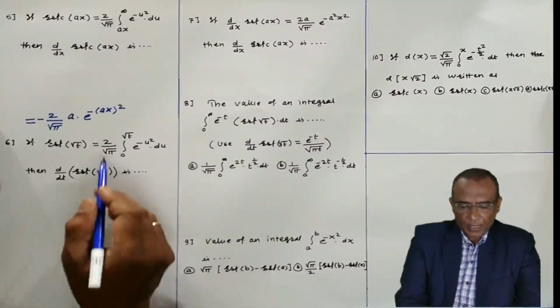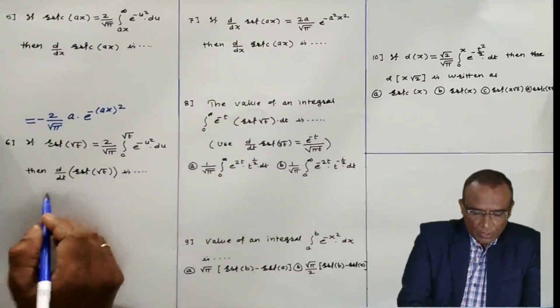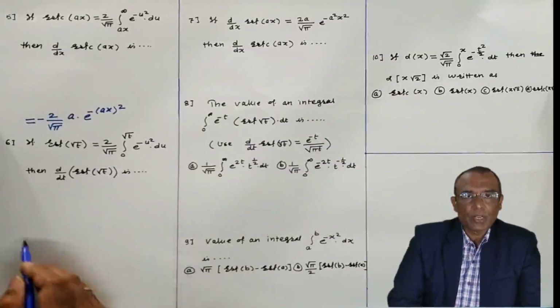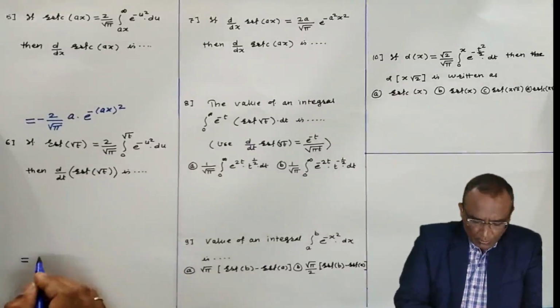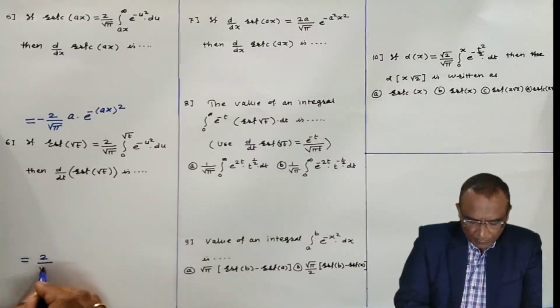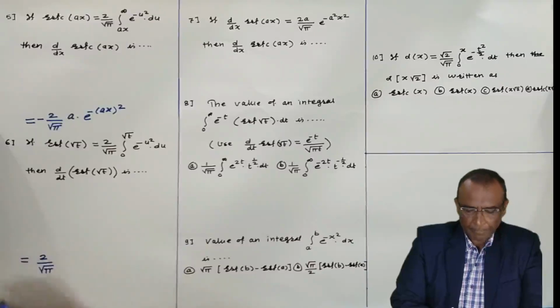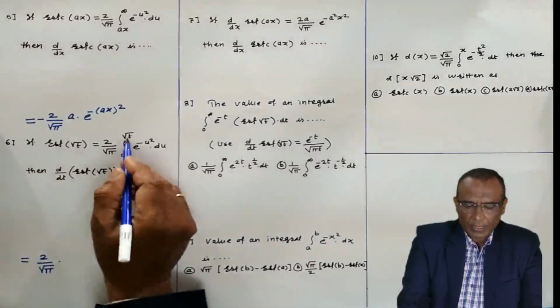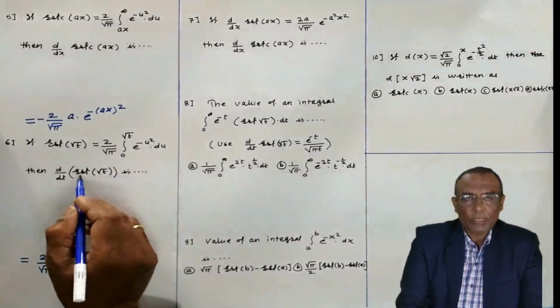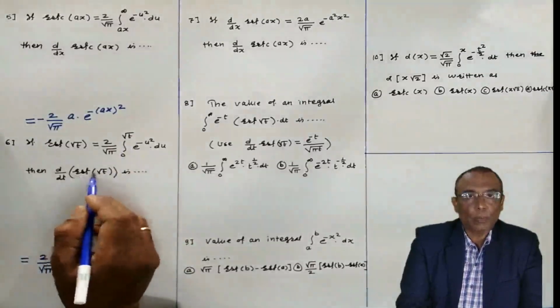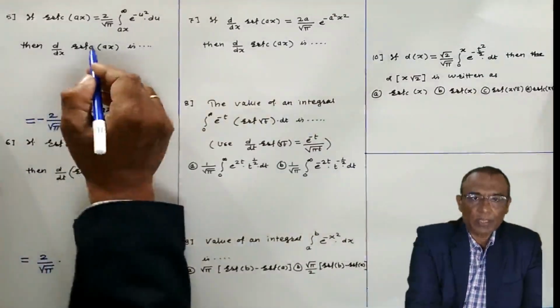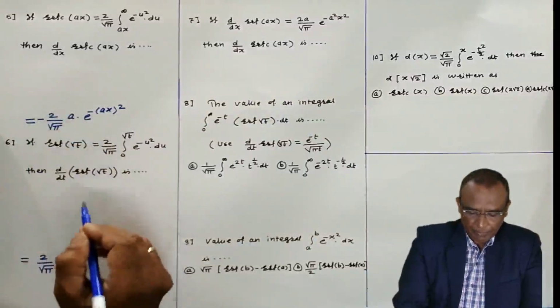Now here again the same thing. Use the differentiation under integral sign rule. 2 by root pi I am writing as it is. We are talking about the error function of root t, not the complement of error function. If complement is there, minus sign here.